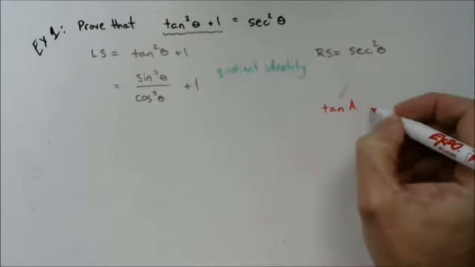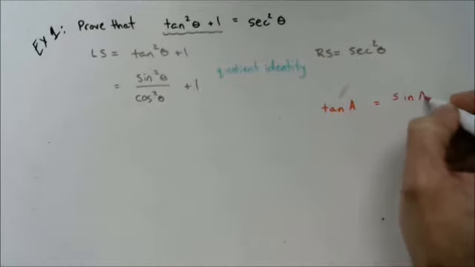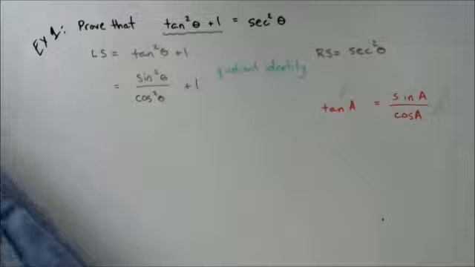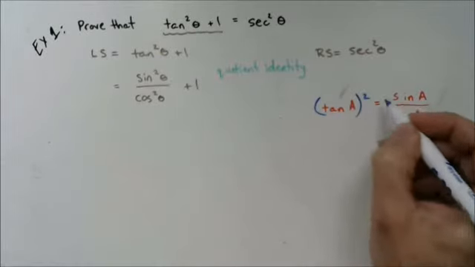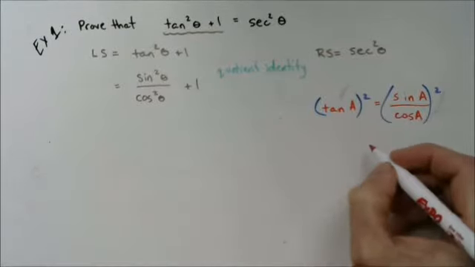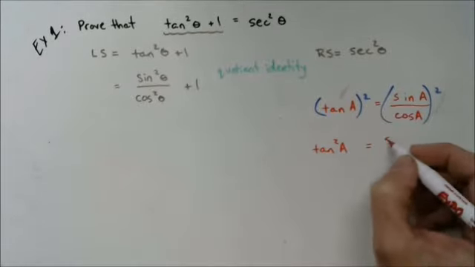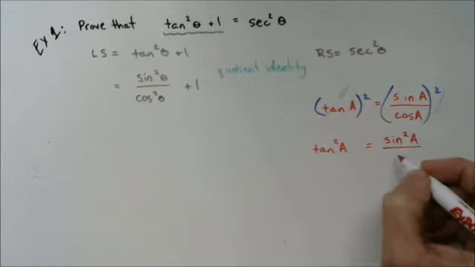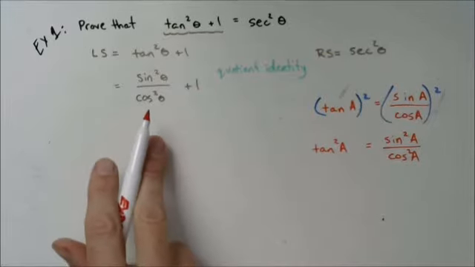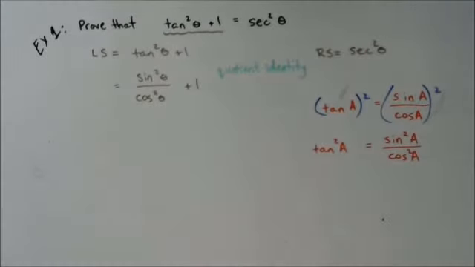If we had the tangent of some angle, and we knew, according to the quotient identity, that that is equal to sine over cosine, then look at what happens if I square both sides, which I'm allowed to do algebraically. I end up with the tangent of a squared is equal to the sine of a squared over the cosine of a squared. So this is really just an extension of the quotient identity, in which case we've squared both sides.